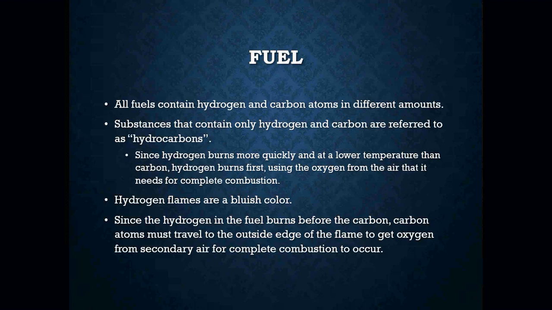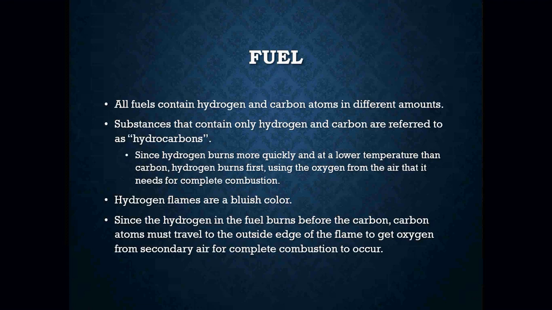All fuels contain hydrogen and carbon atoms in different amounts. Substances that contain only hydrogen and carbon are referred to as hydrocarbons. Since hydrogen burns more quickly and at a lower temperature than carbon, hydrogen burns first, using the oxygen from the air that is needed for complete combustion. Hydrogen flames will have a bluish color to them.